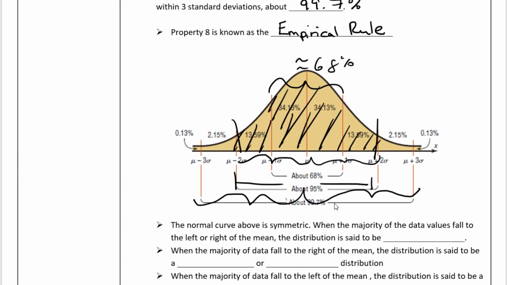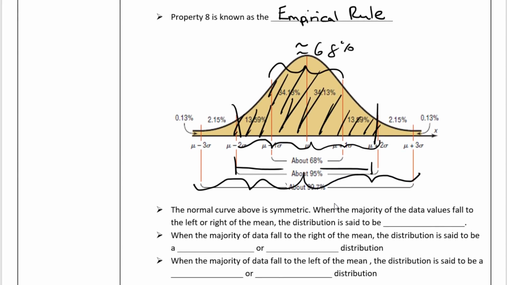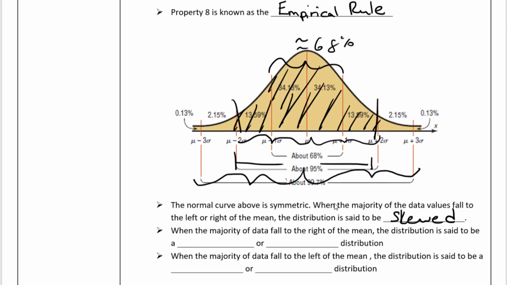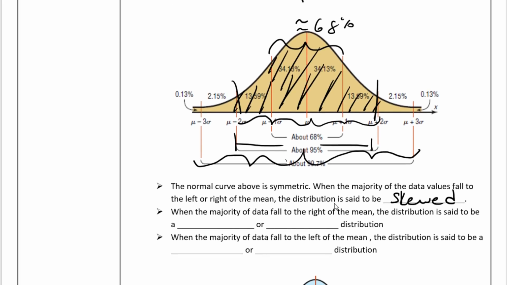As we can see, the normal curve is symmetric. When the majority of the data falls to the right or left, then we call that skewed. When most of the data fall to the right of the mean, which means it looks like this, we call that negatively skewed or left skewed.